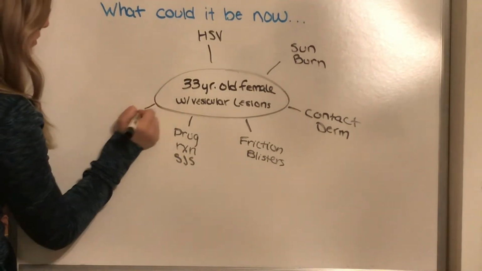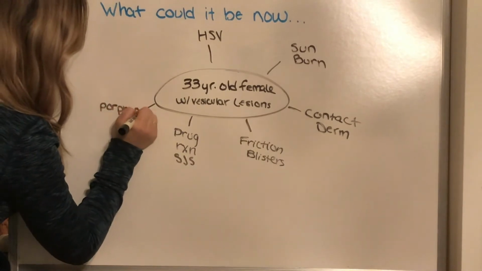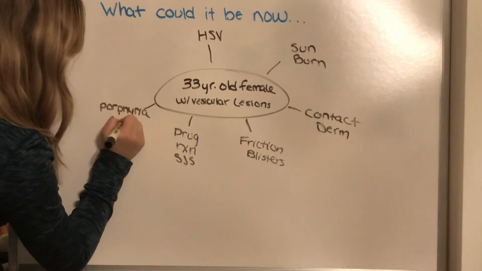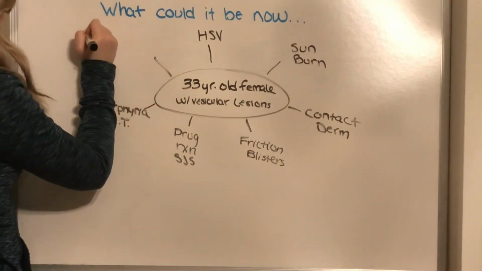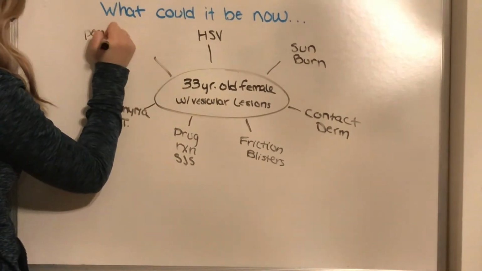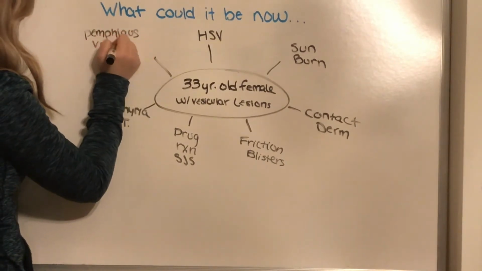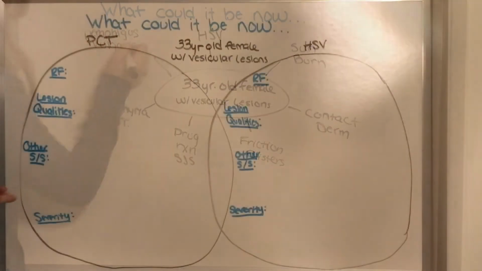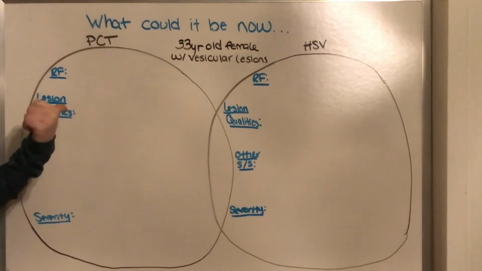Another disease it could be is porphyria cutanea tarda, and this also could be an autoimmune disease, pemphigus vulgaris.